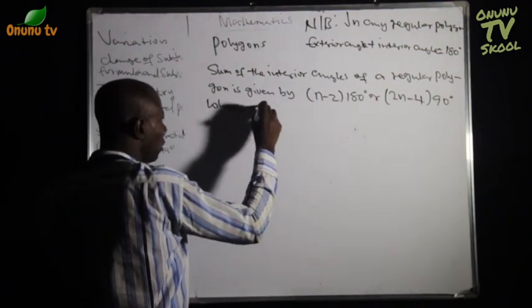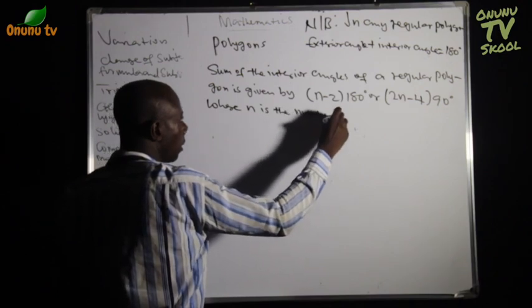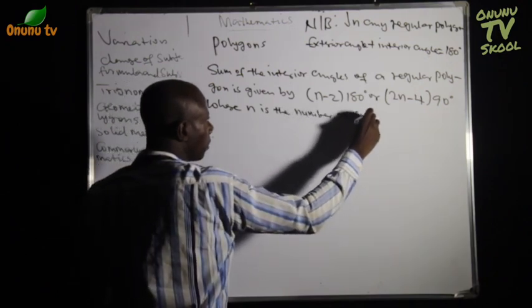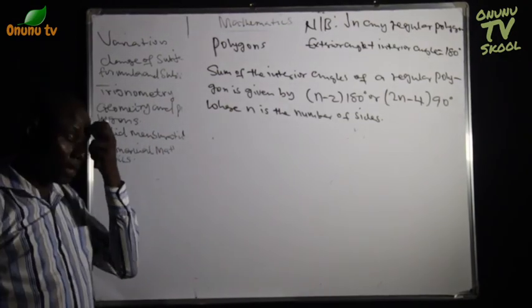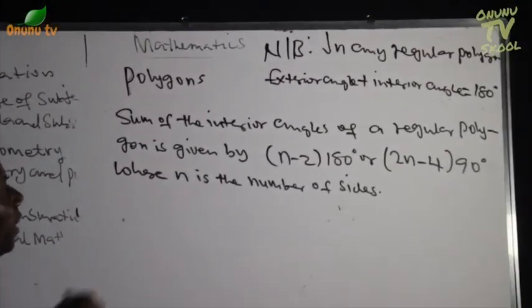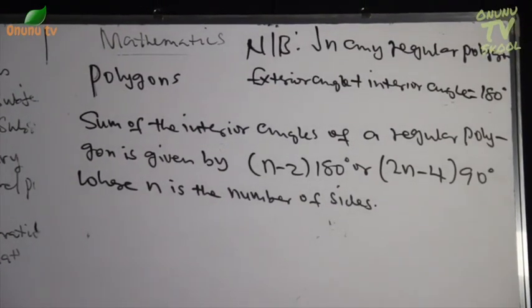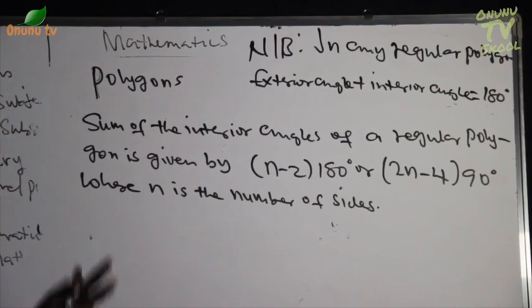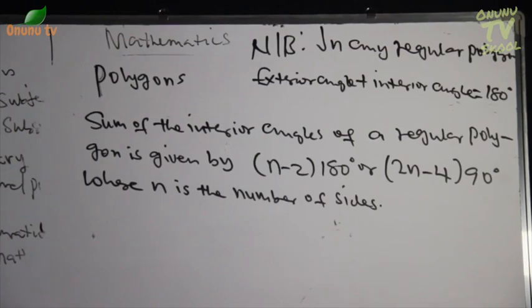Personally, I stick to this one because it is simpler: (n minus 2) times 180. Whatever is the number of sides, you subtract 2 from it, multiply it by 180, and you get the total angle inside the polygon.